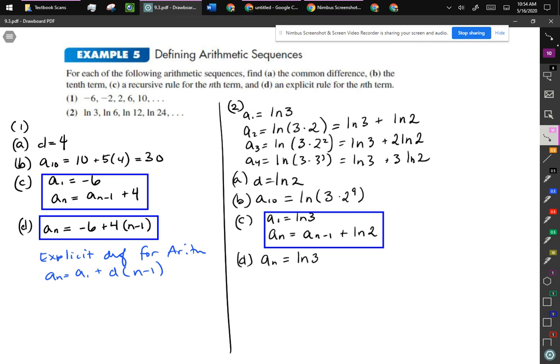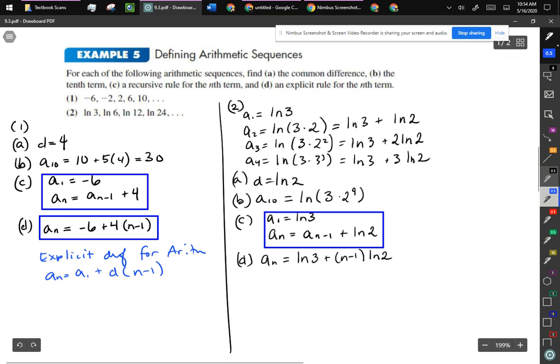I can see that, hey, ln of 2 is constantly being added, but right here it's adding once for a sub 2, added twice for a sub 3, added 3 times for a sub 4, and that goes into that whole idea that it's plus n minus 1 times ln of 2. And that's your explicit definition. That's it.